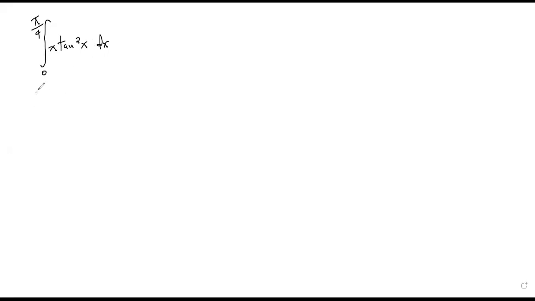from this one, we can let u be equal to x, and we can let dv dx equal to tan squared x. Remember, tan squared x is the same as sec squared x minus 1.